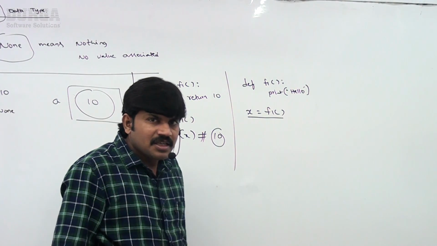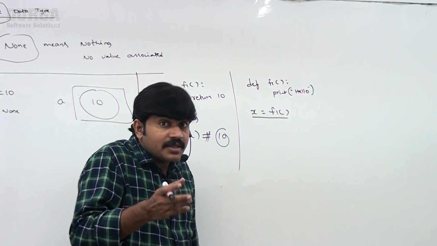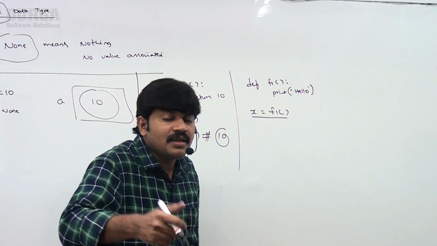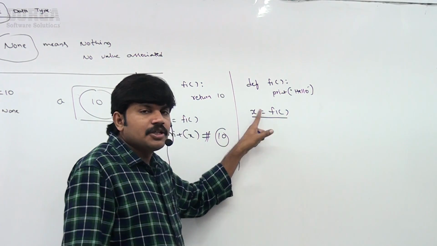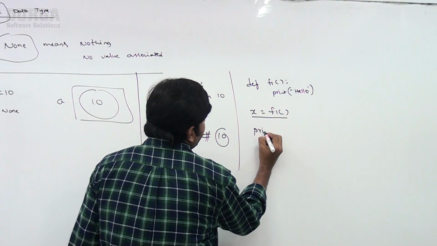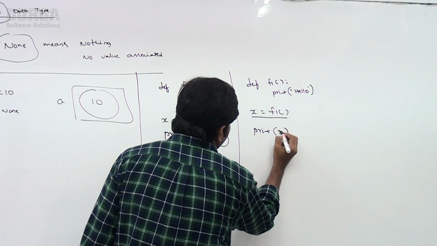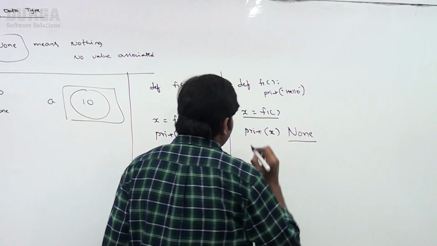Can you please tell, does f1 return some value? No return statement. If the function won't return anything, then how can you handle that situation? Internally it is going to represent None. Let me print the x value. If I print x, what value are we going to get, sir? Simply None.